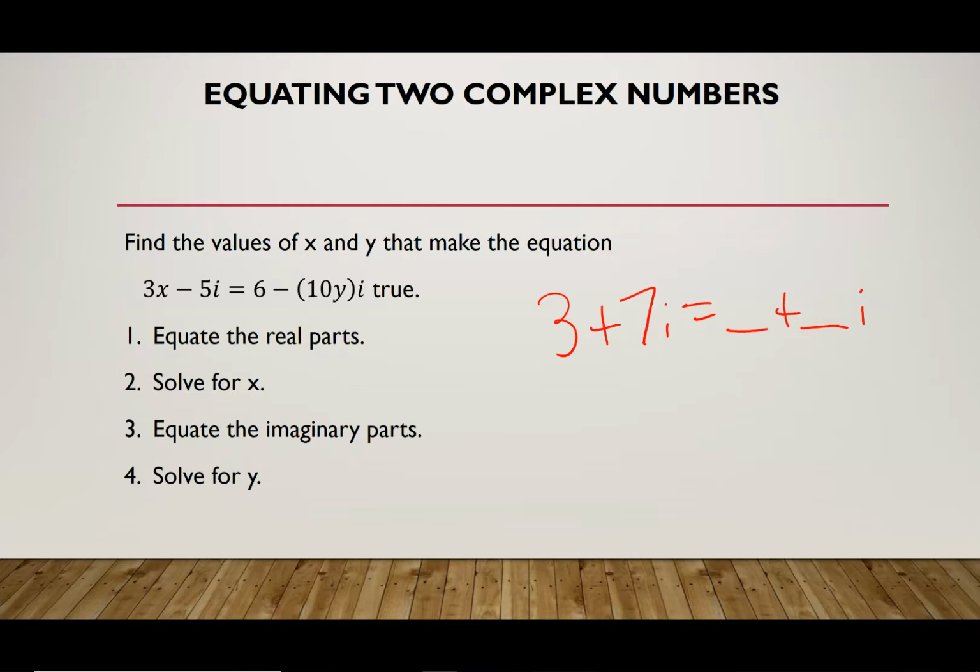Well, I wonder what this something must be, and what that something must be. It's not too tricky. This first part would have to be 3. Second part would have to be 7, because 3 plus 7i would equal 3 plus 7i. So that's really what we're doing here.